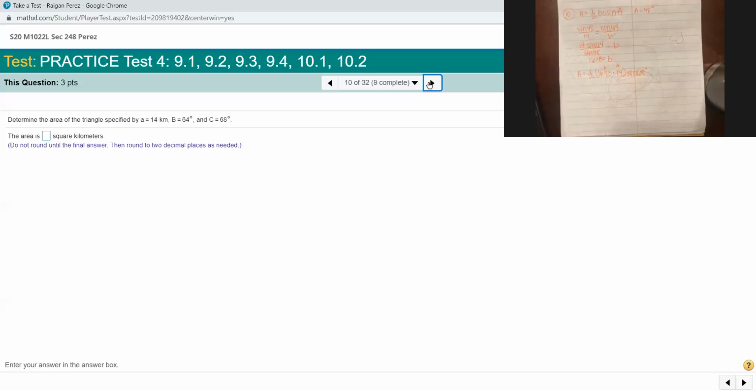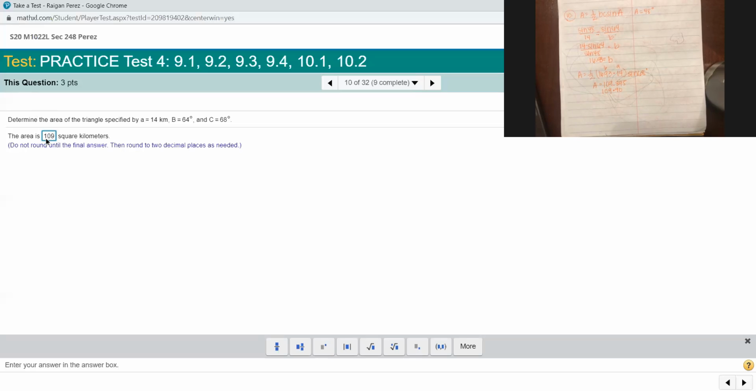And then I'm just going to multiply times 14 times sine of 68. And then divide that by 2. And I had area is 109.895, which is going to round me up to 109.90 square kilometers.